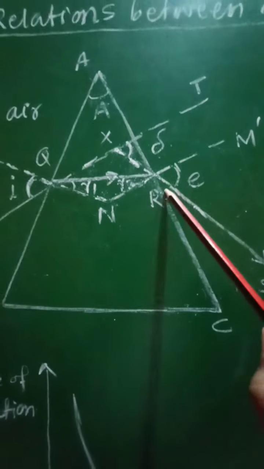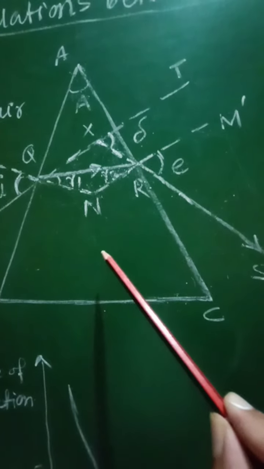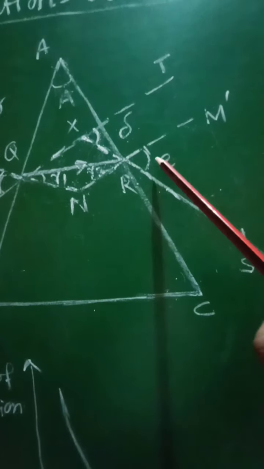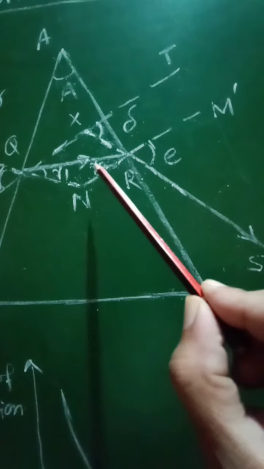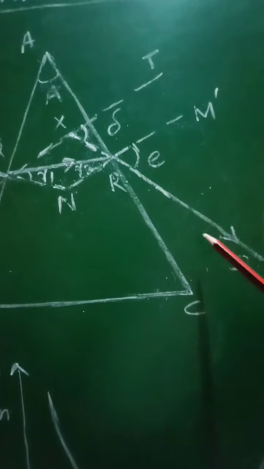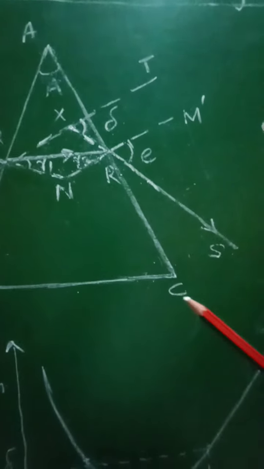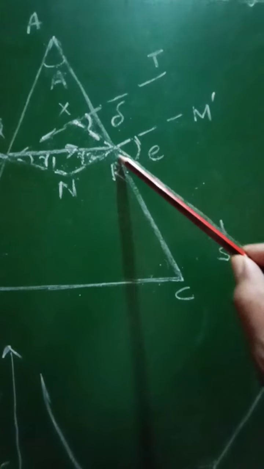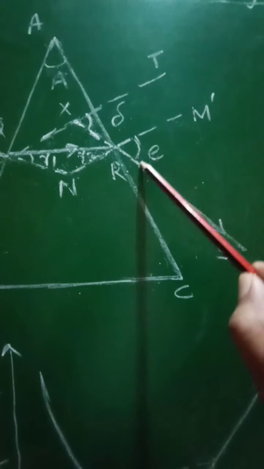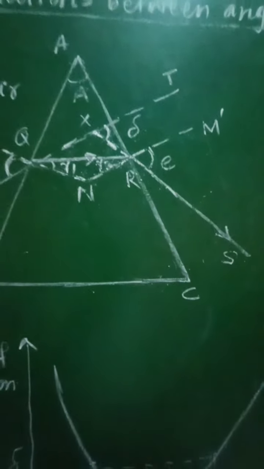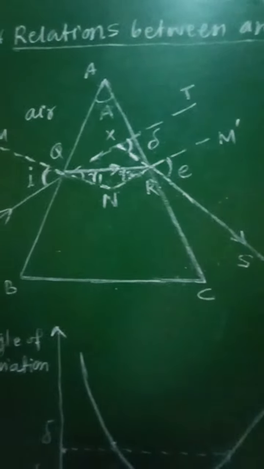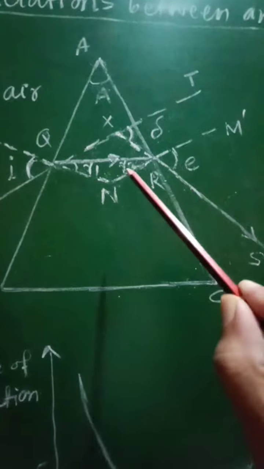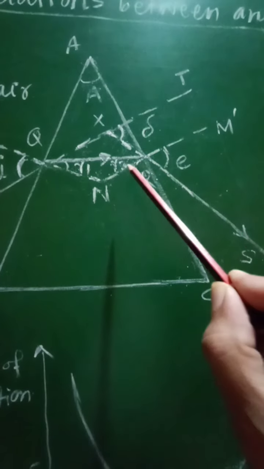And for the second refraction, again n will be equal to sin E upon sin R2, because when we consider the reversibility principle of light, this ray becomes the incident ray, and therefore this angle will act as the angle of incidence.